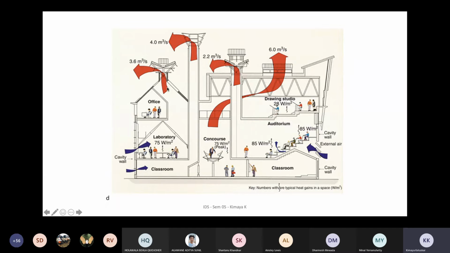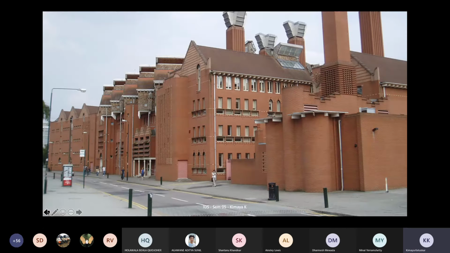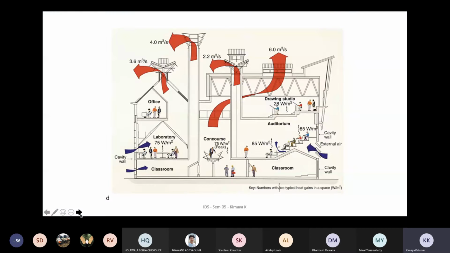Each of the auditoriums actually has one stack or two stacks. If you see, these are the stacks which are coming up like wind towers on the top. So these become very important in terms of the circulation pattern.